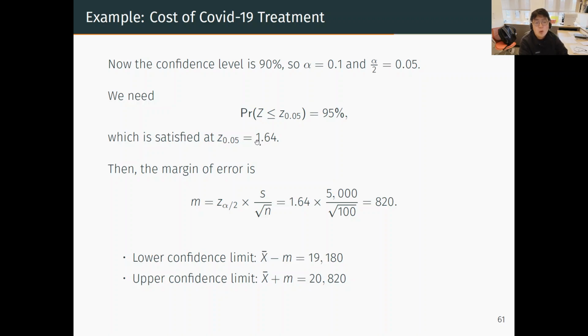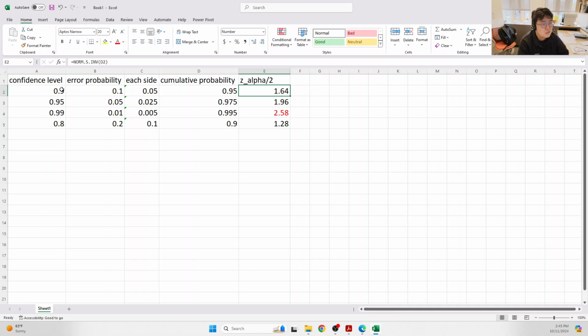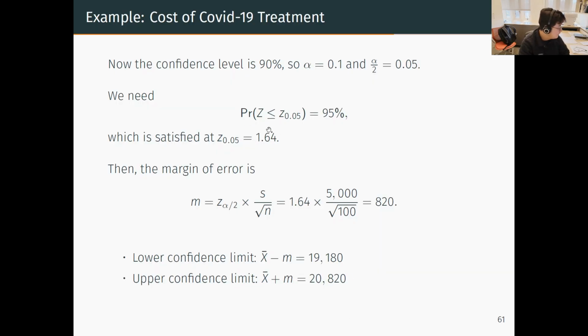That is 1.64. As you can see here, we choose 90%, and then we get this number. So this is the number we are going to use here, 1.64, and then it's super simple algebra.